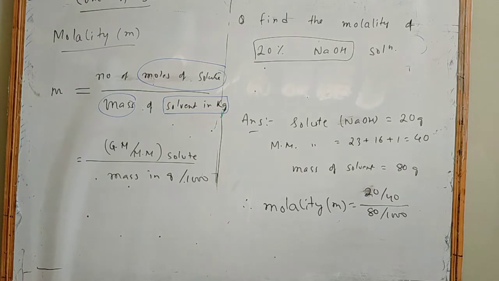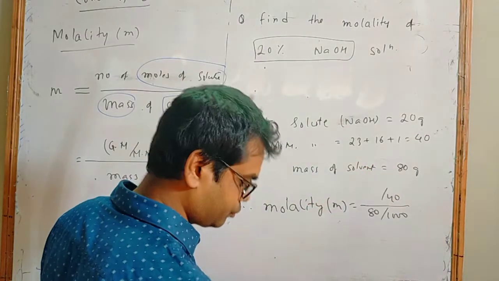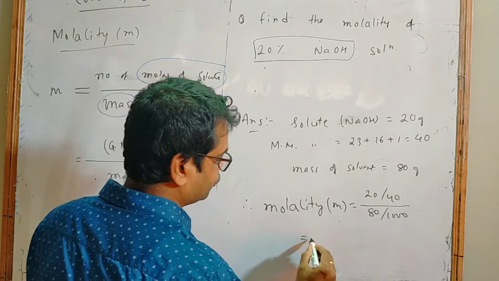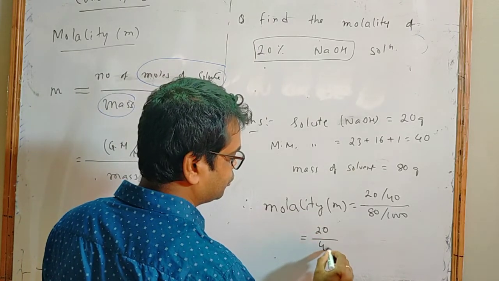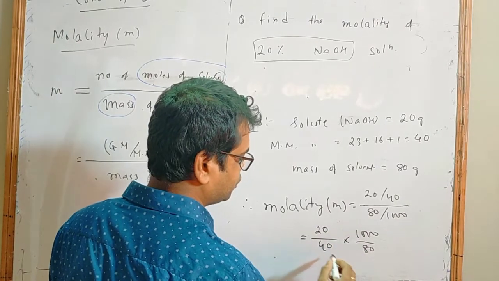So what can be written? This is your 20, that can be written 20 by 40 into 1000 by 80.